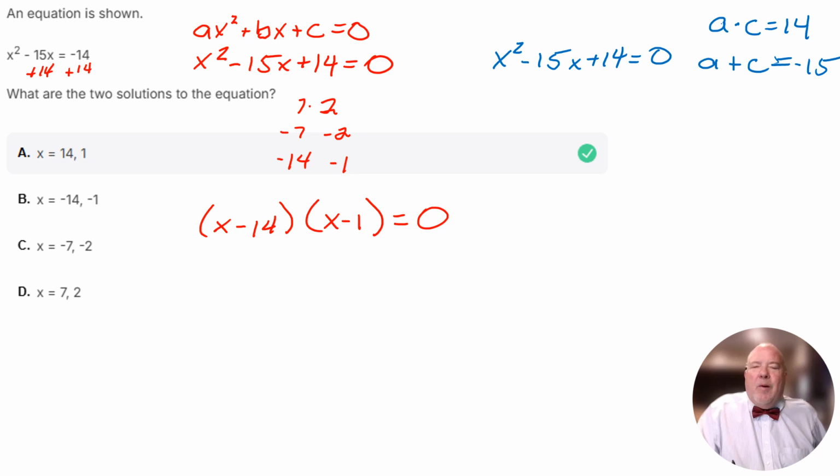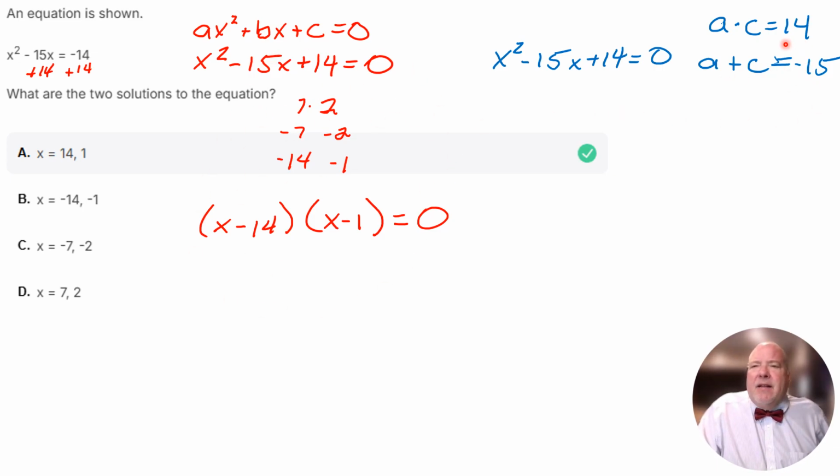So what I did, let me back this up: I took a times c, so 1 times 14, that gave me 14. And then a plus c has to equal the b term. So I'm trying to find these two numbers that when I multiply them, I get 14, and when I add them, I get negative 15.